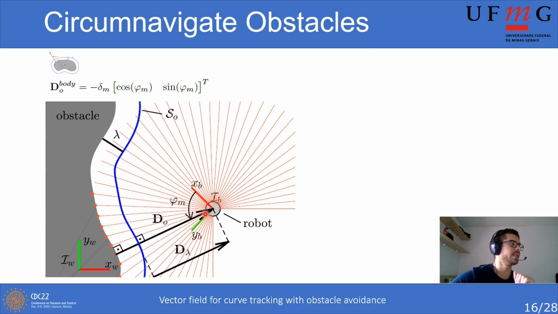We have the robot here as this gray circle, and the robot has a range sensor, and it's sensing the closest point to the obstacle and computing the Euclidean vector to it in the local frame, only using local information. And only using this, you can compute the entire vector field. In this case, singularity free, and only using local information, with no need to global localization, for example.